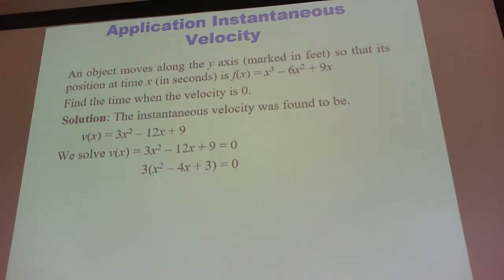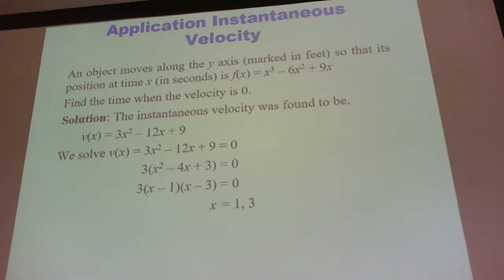Algebra, algebra, algebra. It would be x minus 3, x minus 1. So you factor further. Then, what solutions would you get? 1 and 3. Okay?